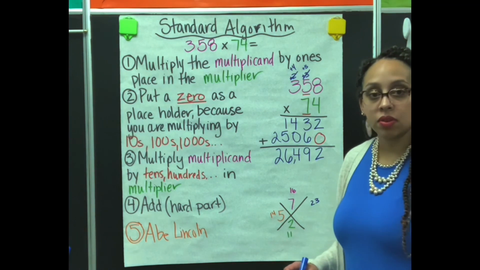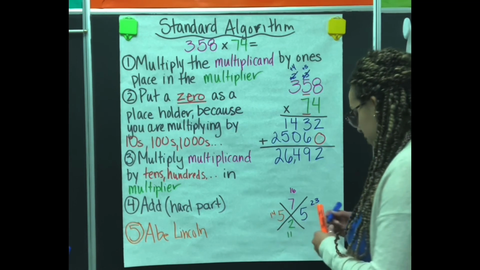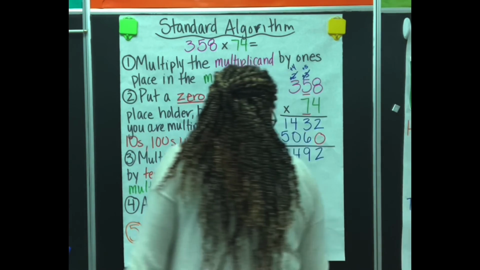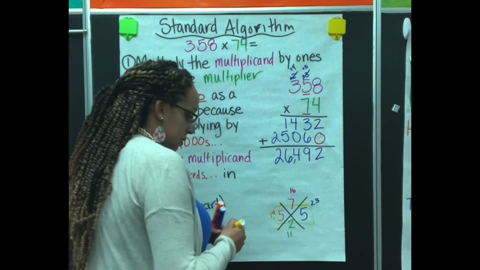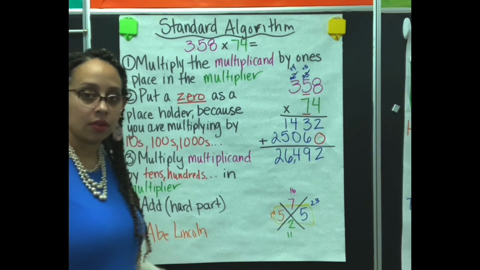But can I have 23? No. So I'm going to go 2 plus 3 is 5. These two match, which means my answer is most likely correct. Okay?